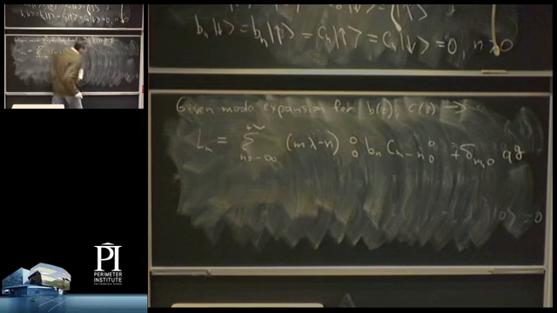And then here I use again creation and annihilation normal ordering. So I have B_{m-n} C_n, plus delta m0 times a constant.